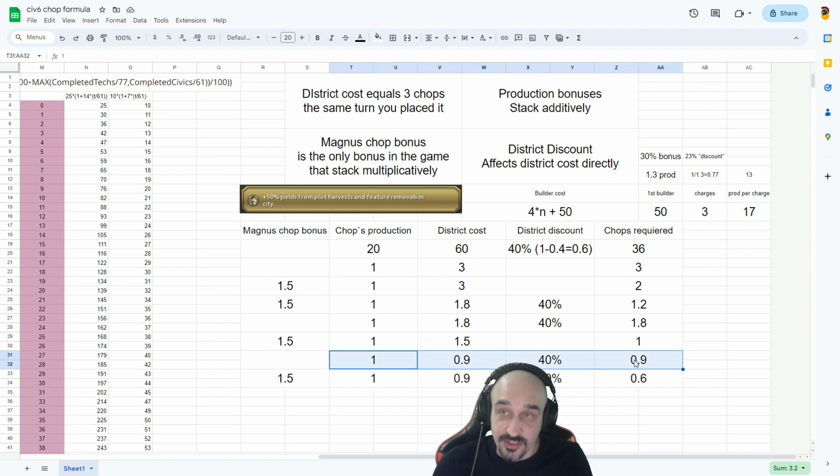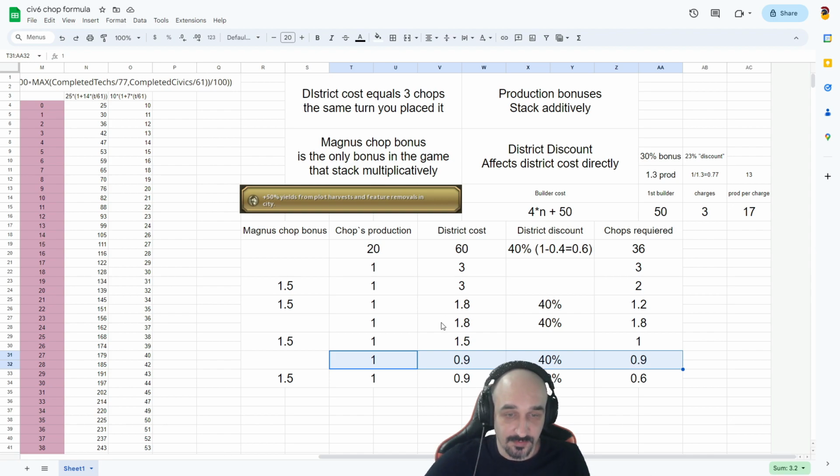Unique discounted district, I don't know, maybe it's Hansa. I actually can't remember the unique district where you can have a discount on it. In most cases, you rush your unique district, you spam that district, then you launch district discount with enough constructed districts.